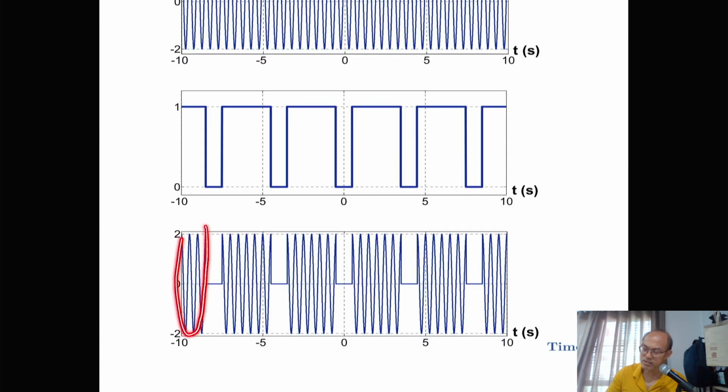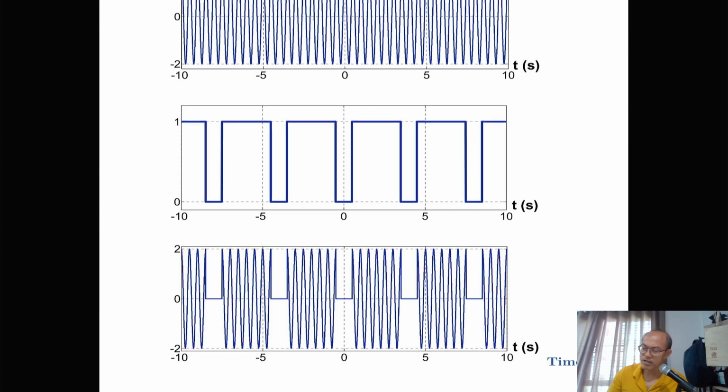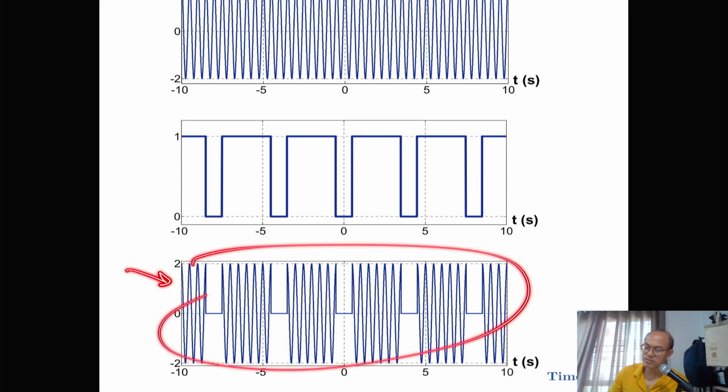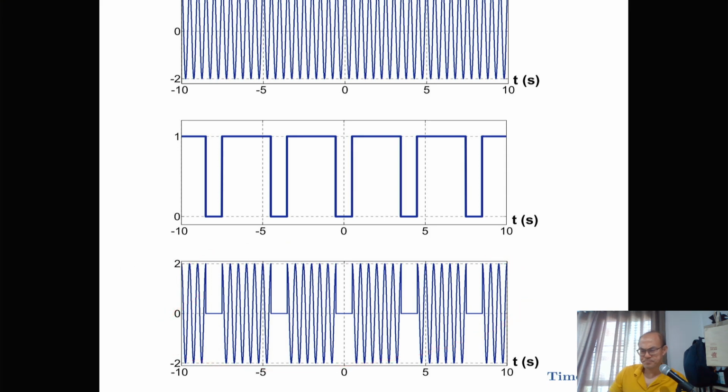So we get this. All right, you see, this is 1, right? So 1 multiplied by this, we get this back. So the product between these two signals has a graph that looks like this. This is the product.